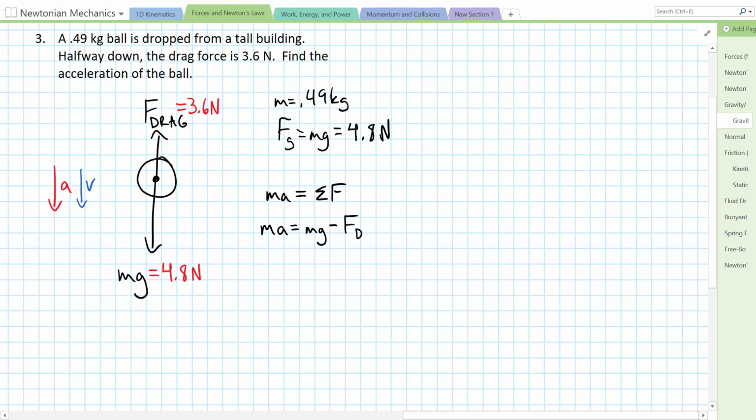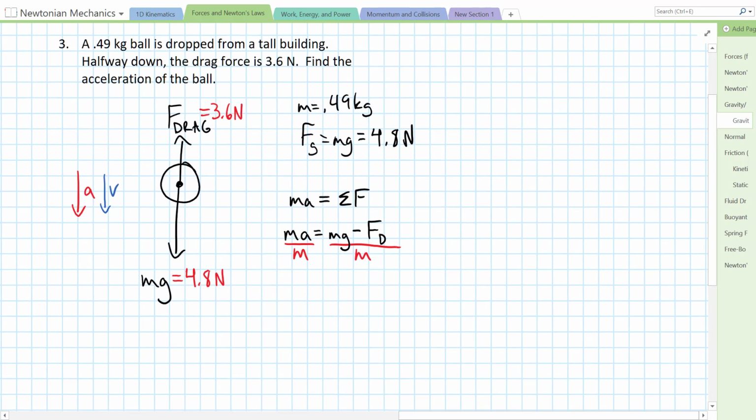If we want to solve for acceleration, we divide both sides by m. m cancels on one side, does not cancel on the other side. We end up with acceleration is equal to mg minus our drag force, divided by m.